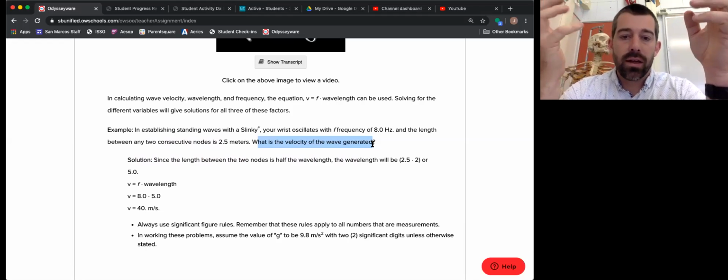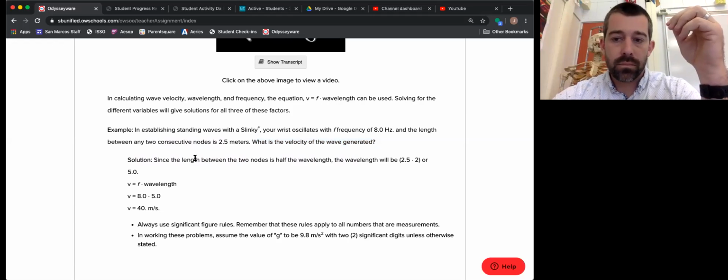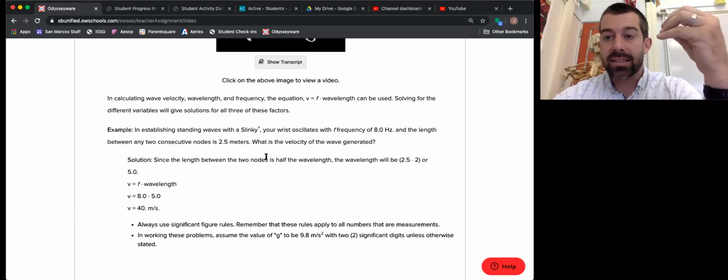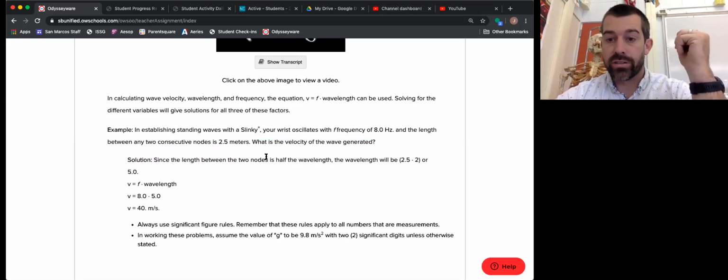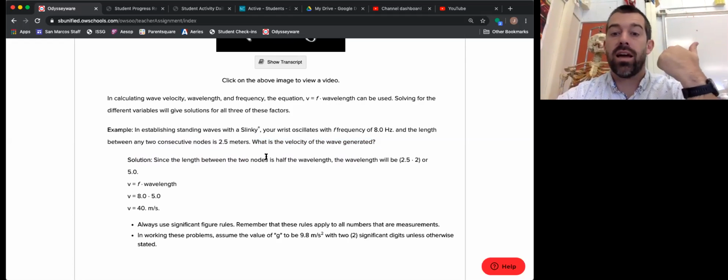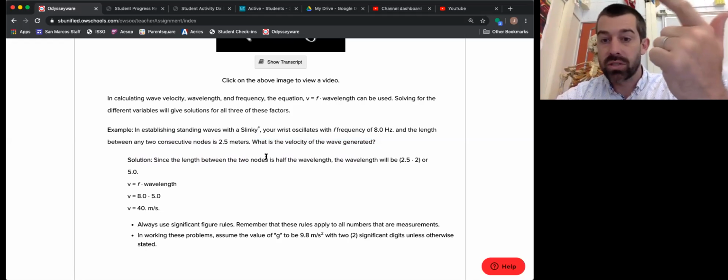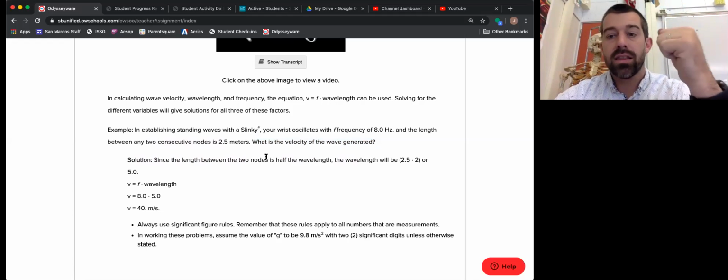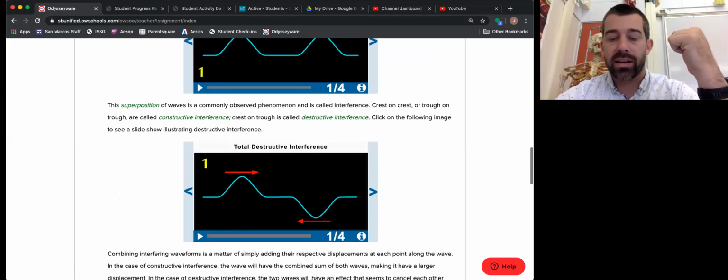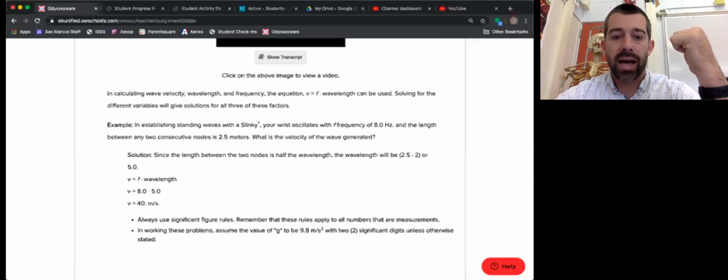You know that it is asking you to just use the equation, right? You're going to use the frequency and the wavelength, and you're going to multiply them together to get the wave speed. The only trick that it's trying to play on you is that if we go back and look at my other example really quick.